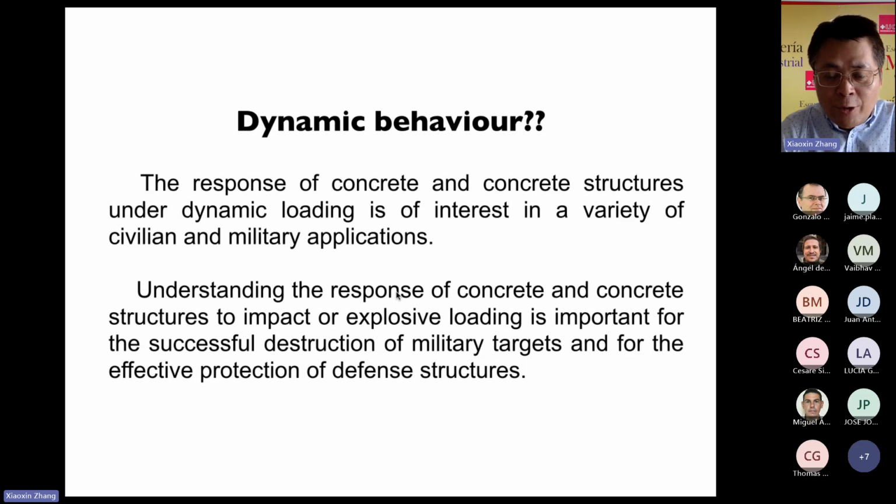Understanding the response of concrete and concrete structures to impact or explosive loading is important for the successful destruction of military targets and for the effective protection of defense structures. For example, explosive loading. This topic was mentioned by Professor David Sendon in the previous presentation.